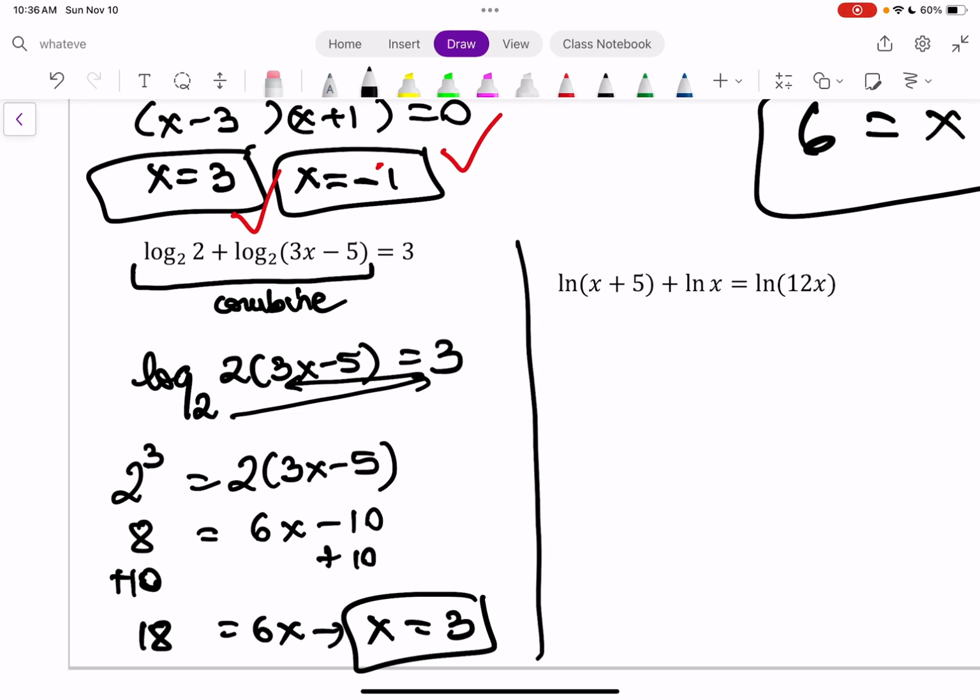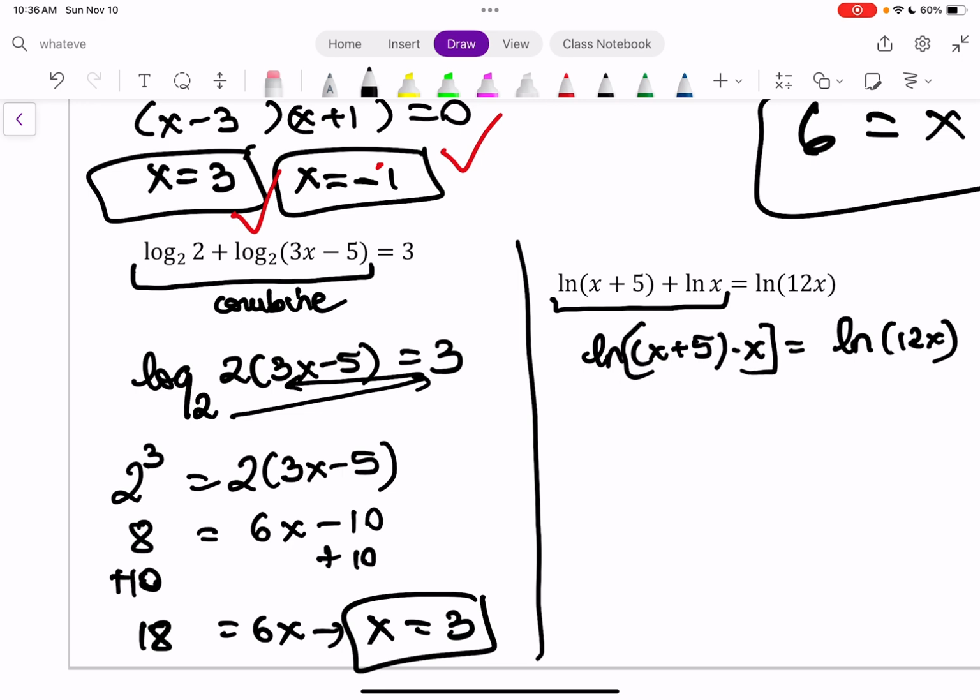Okay. Same thing here, you have two logs that are added together, you can't just drop them. But you're going to combine them into one log by multiplying their insides. So now you have it. A log equals a log.